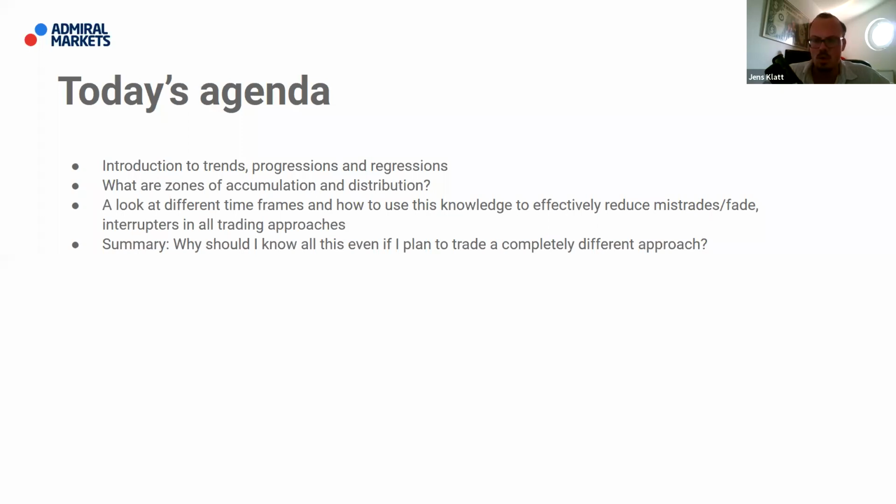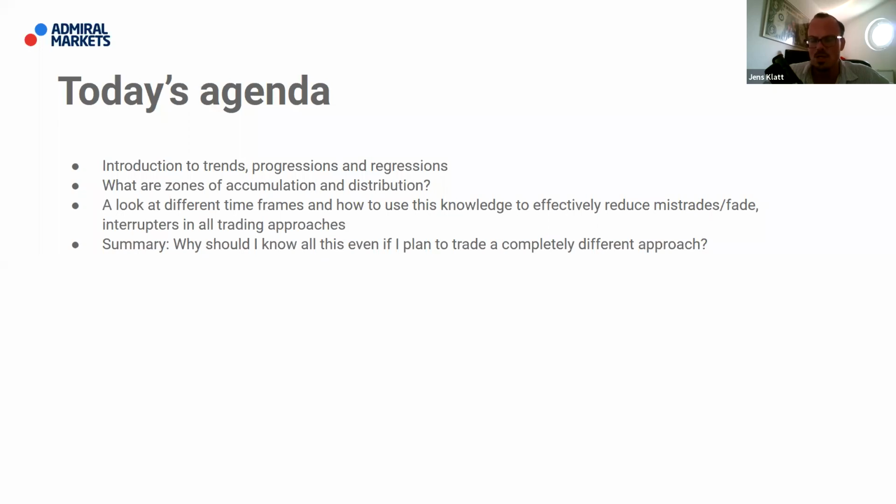And then we will use this knowledge and look at different timeframes and how to use it to effectively reduce mistrades, respectively fade them, and try also to avoid so-called interrupters in the chart, which are happening quite often right now. That has mainly to do with high frequency trading being a big part of the price action every day.